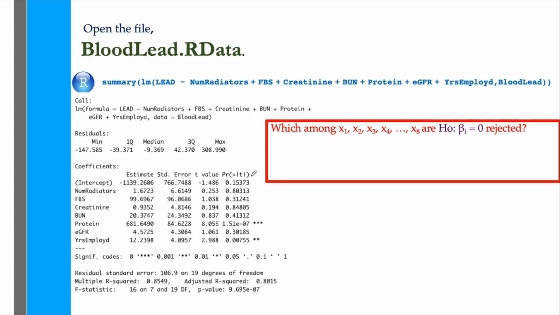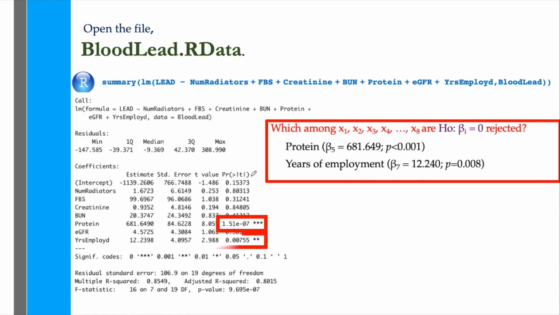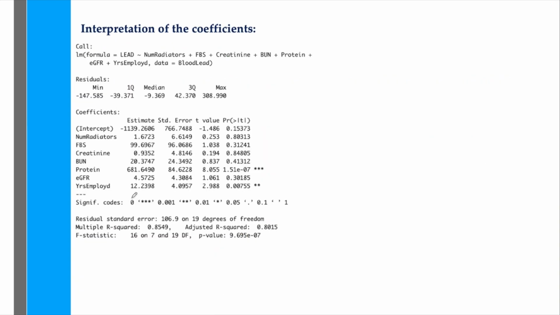We see here that protein and years employed are the ones with p-value that's less than 0.05, indicating that the null hypothesis that their coefficient is 0 will be rejected. So this shows that protein and years employed are the predictors of blood lead, which indicates that 1 unit increase in years employed will increase the blood lead by 12.2398. Now, I'll show you more details in that interpretation.